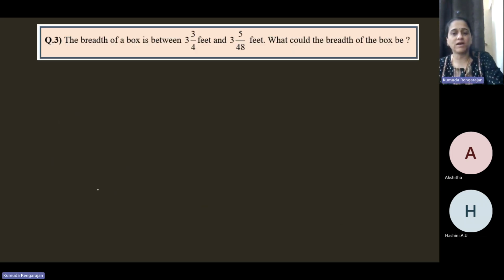Okay, let me give you the answer to this question. The breadth of a box is between these two. What could be the breadth of the box?